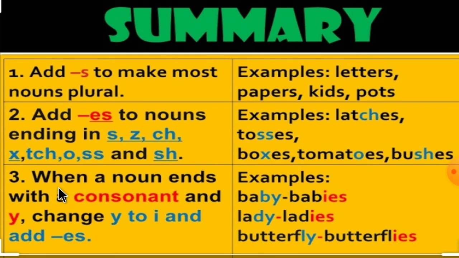Rule number 3, summary of it. When a noun ends with a consonant and y, change y to i and add es.